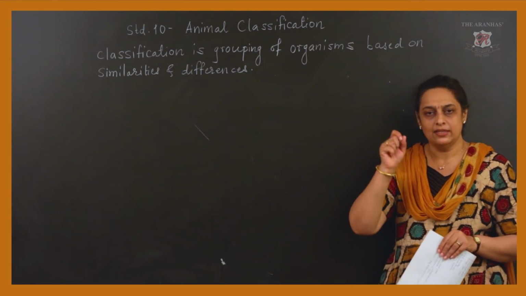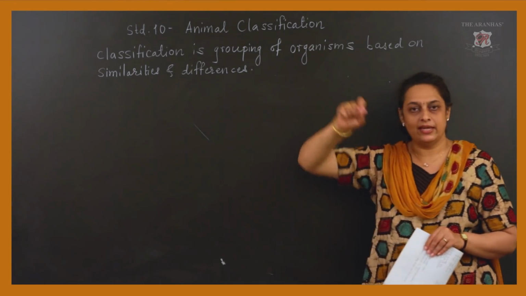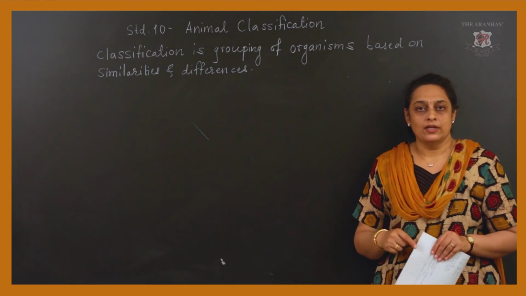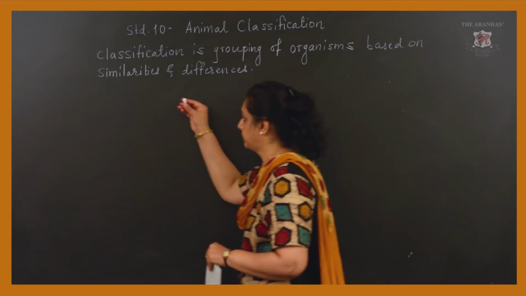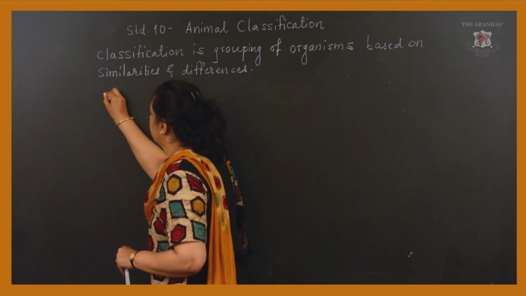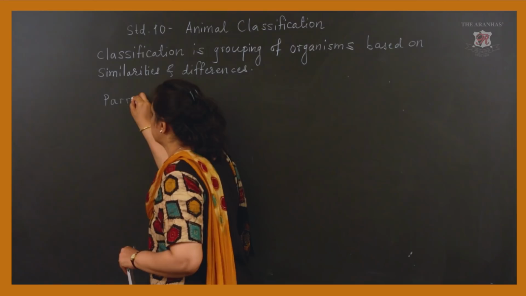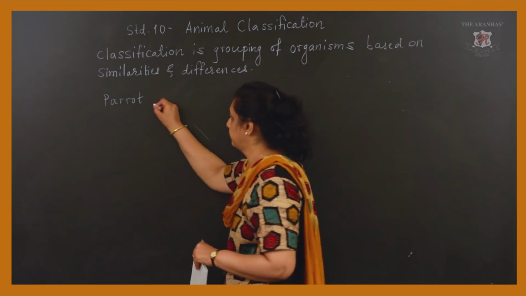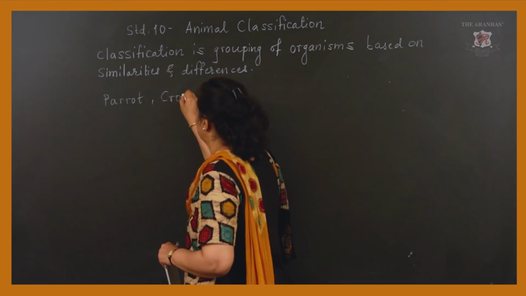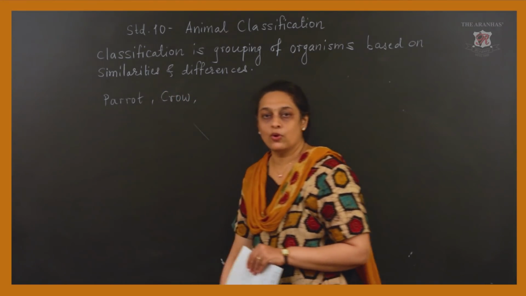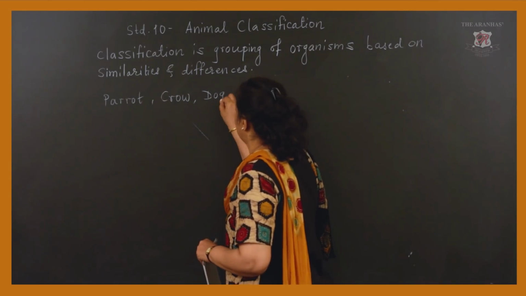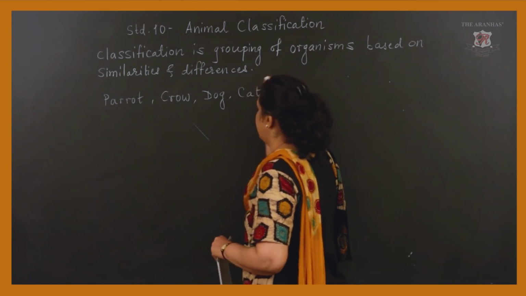Now, I will explain this particular part by taking one example. Suppose you have few names of animals with you. Say one is parrot, other is crow, dog, and suppose cat.